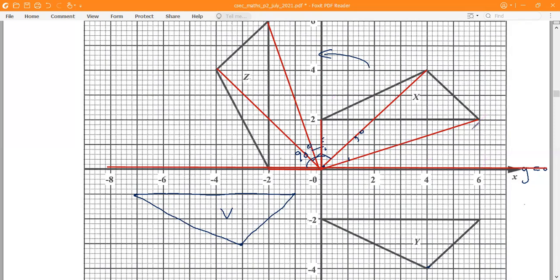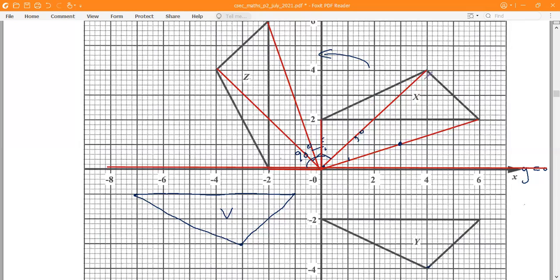We want to divide 6 by 2 because we are multiplying by 1/2, so we'll move 3 across. We divide 2 by 2, which is 1, so we move 1 up. So we'll move 3 across and 1 up because we are doing everything half as much.